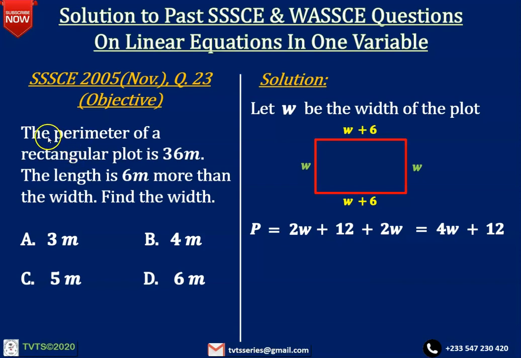But we are told that the perimeter of the plot is 36 meters. This implies that 4W plus 12 is equal to 36.